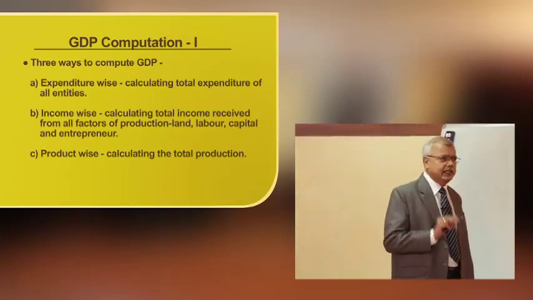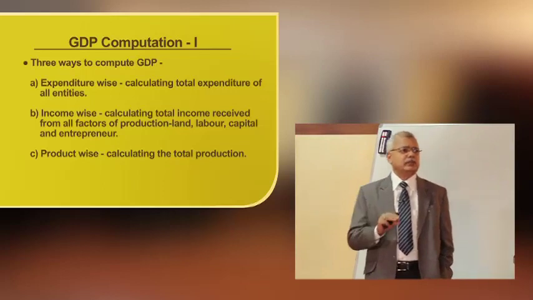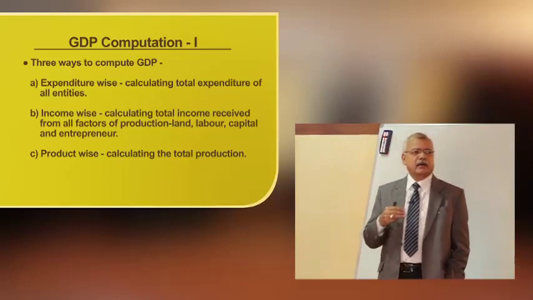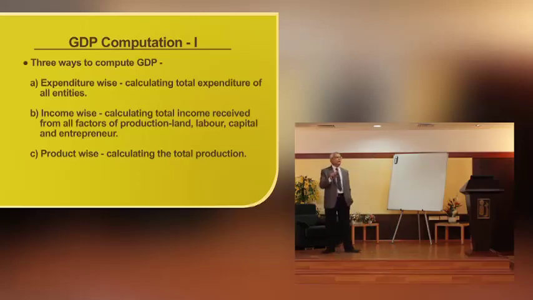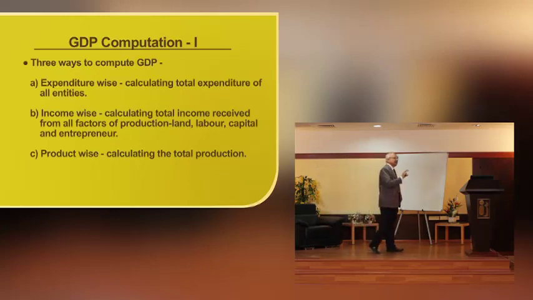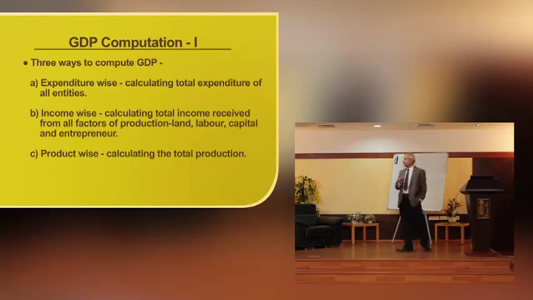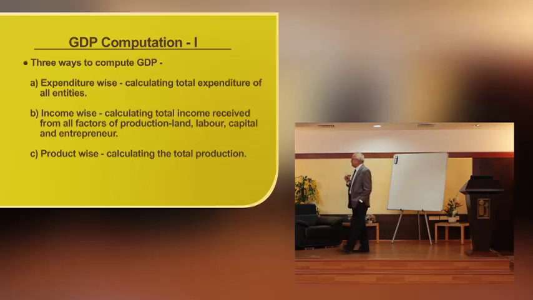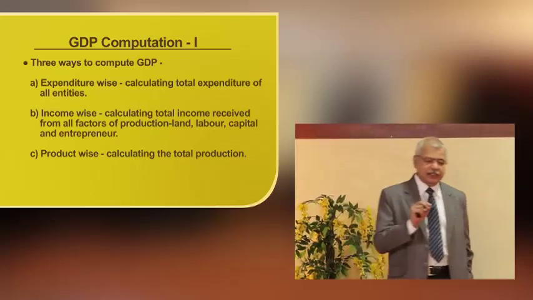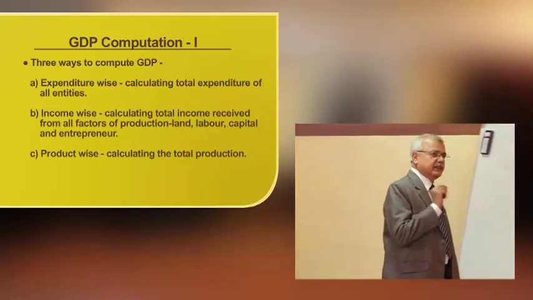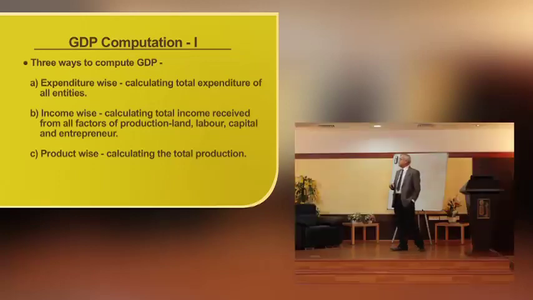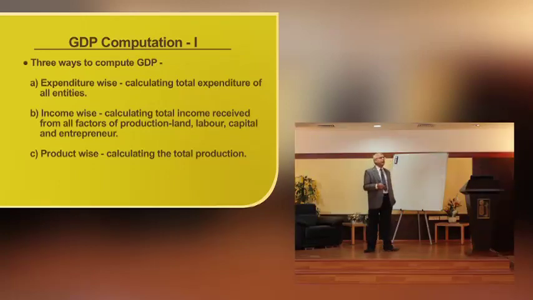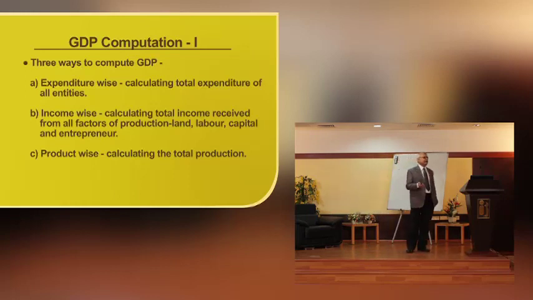Then another factor is the income, that is calculating the total income received from all sectors, and then evaluating the product wise production, so that you are able to get a comprehensive picture of the GDP that has operated in a given point of time. So, in a way we can say that we should take into account the income, the expenditure and the total output cost, so that we are in a position to arrive at the numbers in terms of GDP.